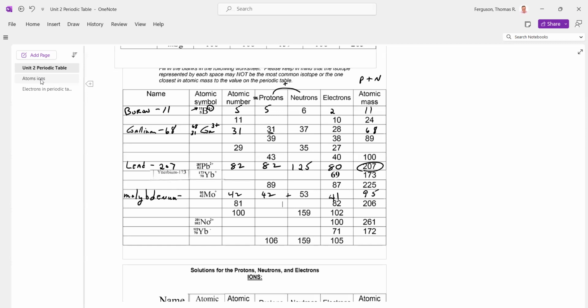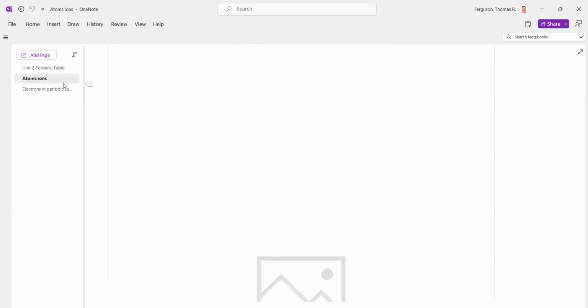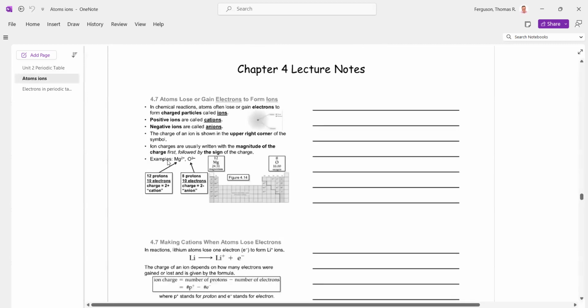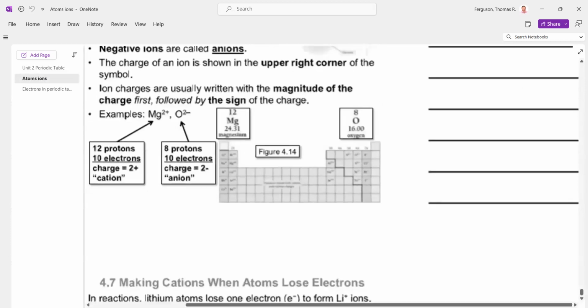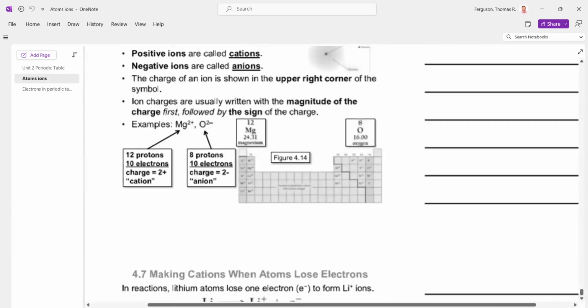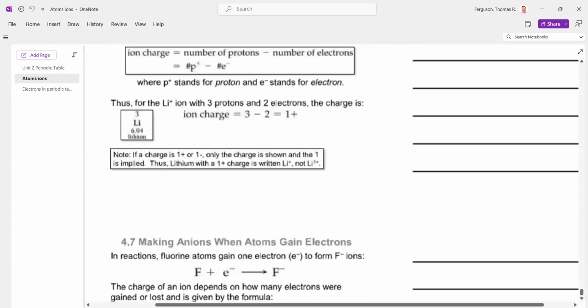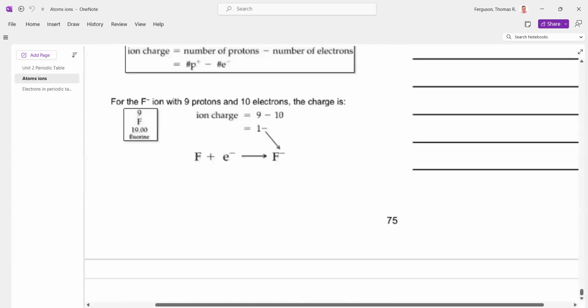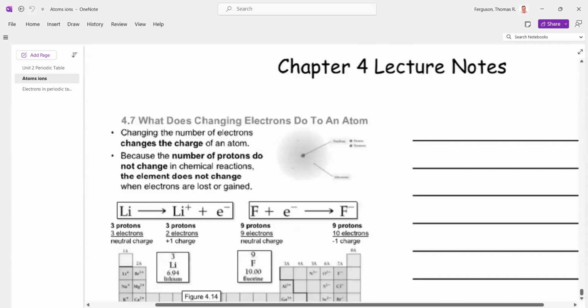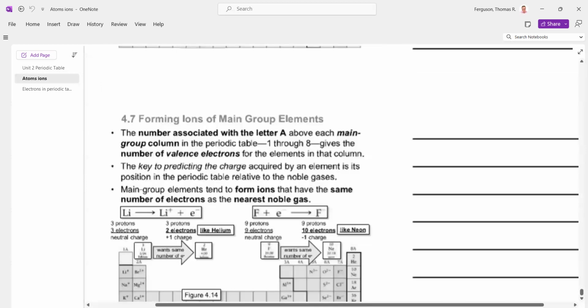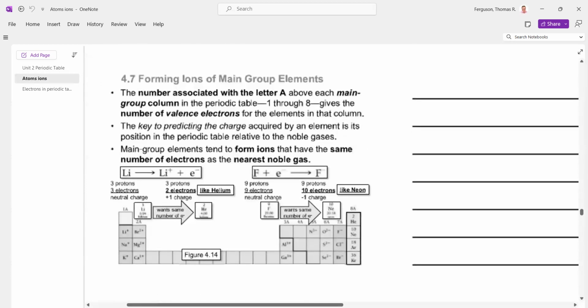Okay, so let's go on. This is talking about how you form an ion.